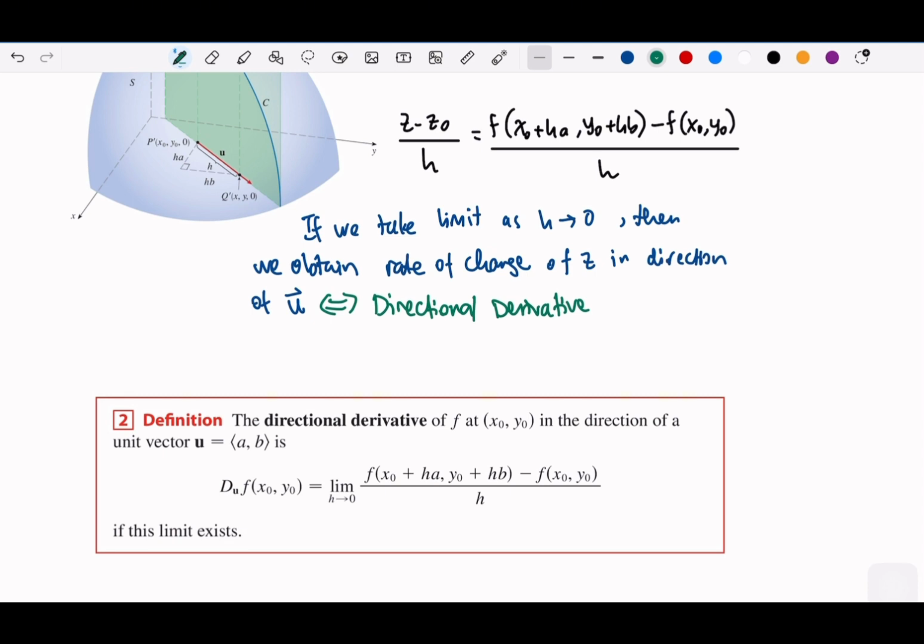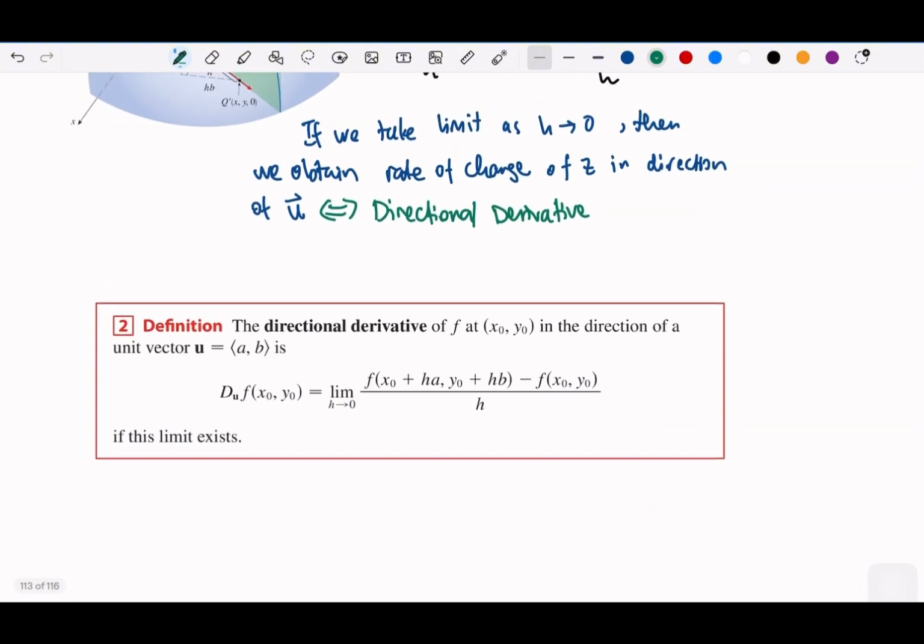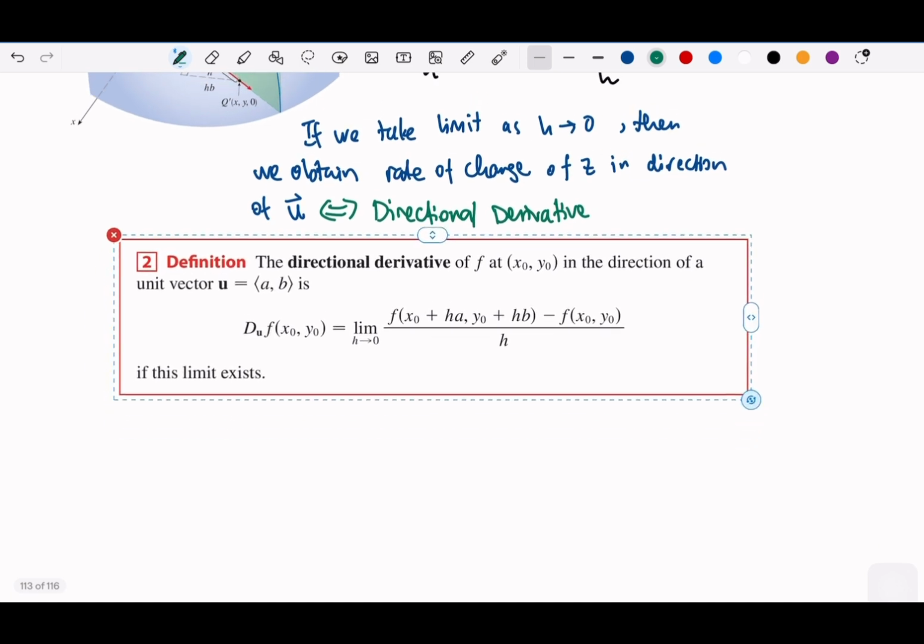Okay, if we compare this with the definitions that we had before, if the unit vector is equal to only one axis i, which means this is going to be only 1, 0, then this will be D_i f, which is equal to partial x only, because the other part of y is 0.